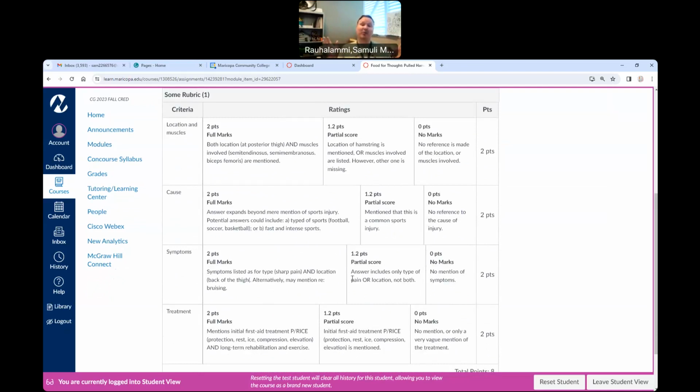So I use this rubric to do the initial assessment of the quality and depth of your answer. But there is a little bit of adjustment based on other merits or other things that might be missing. So this gives us more of an even playing field, so that all assignments get graded evenly.